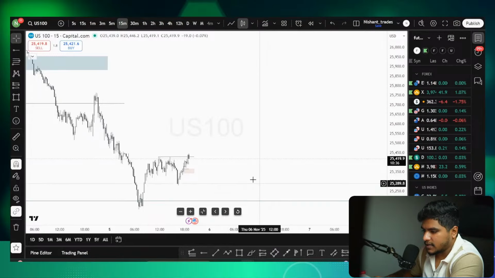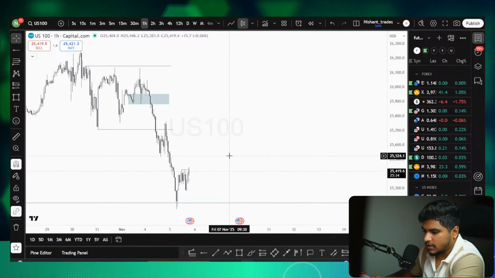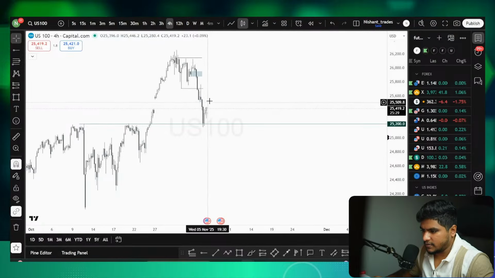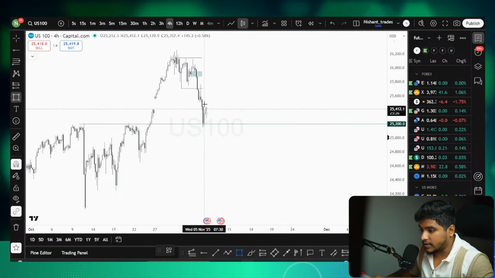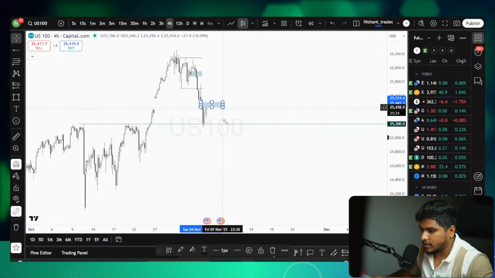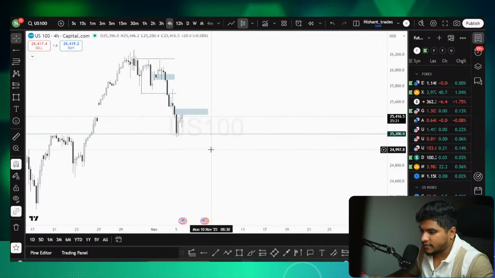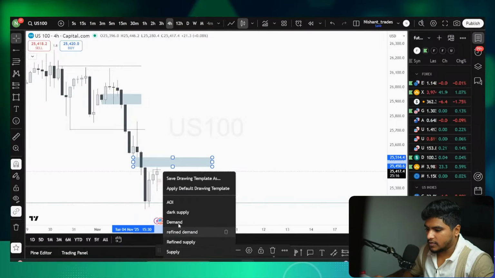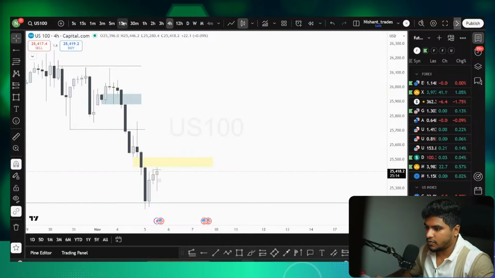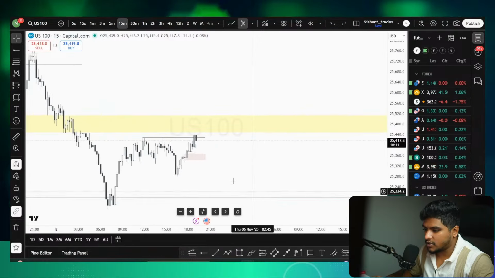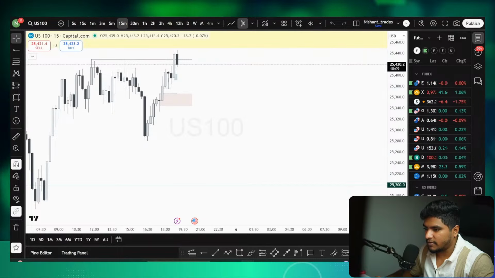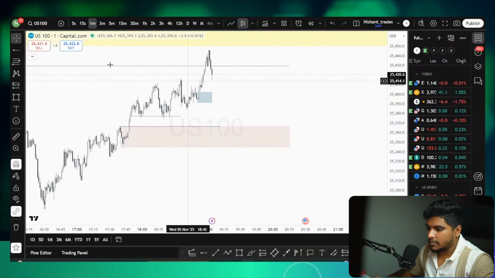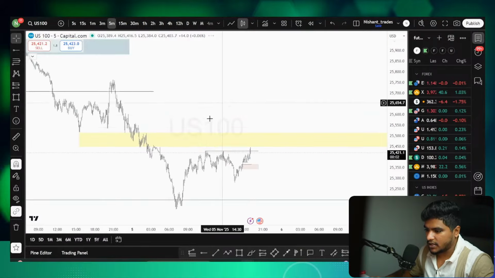US 100 has nicely built its order flow, and right now what we can see is we do have this clear level of inefficiency right here. So prices can go to fill this inefficiency. My major intention would be to see if we can manage to build a position where we can bet on longs and plan to fill this inefficiency.